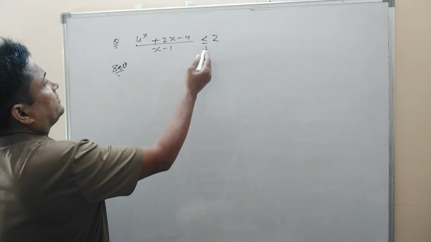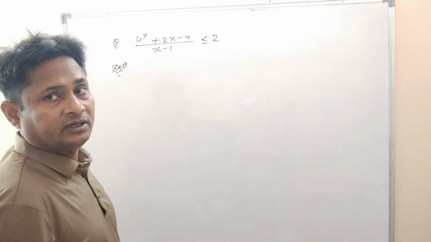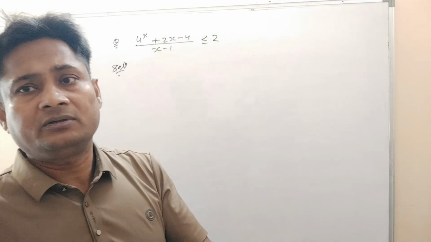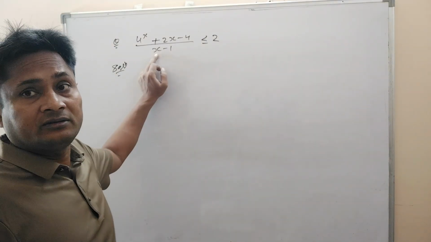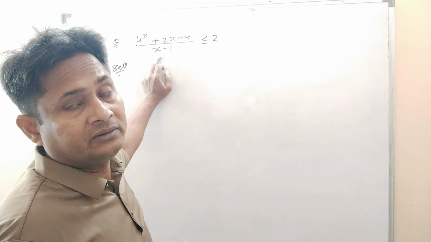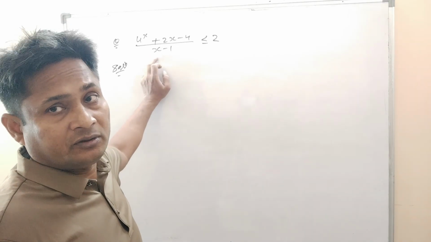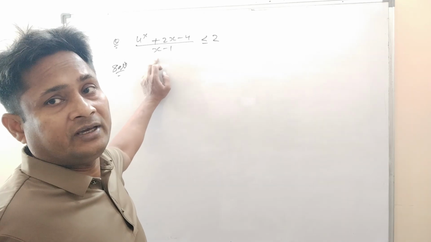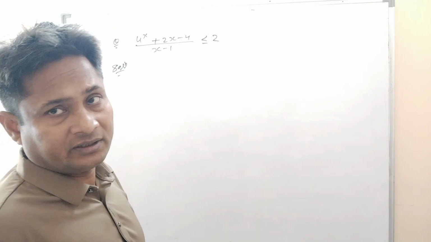You cannot multiply to the right by x minus 1 because you don't know the sign of x minus 1. If x is less than 1, it will be negative, and if x is greater than 1, then the denominator will be positive. That means it can change sign.